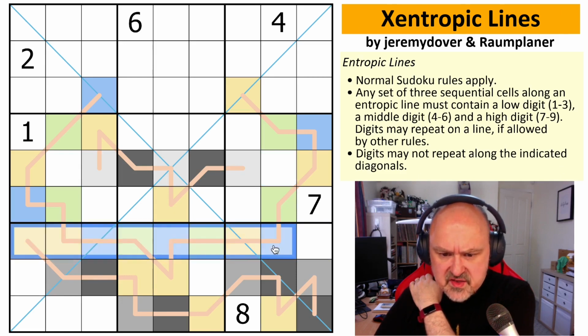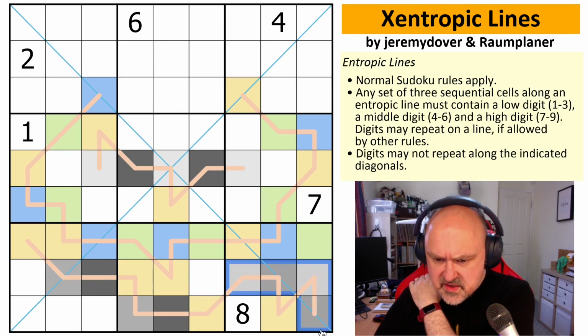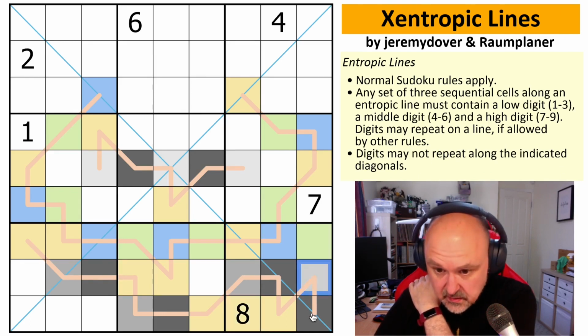I've got everything in this row except that is green. Hang on a minute. These are two blue and two green, because I've already got the yellow on this line. And I've now got a blue and a green here. This is yellow. I've done it again.